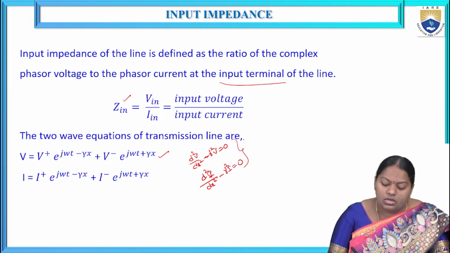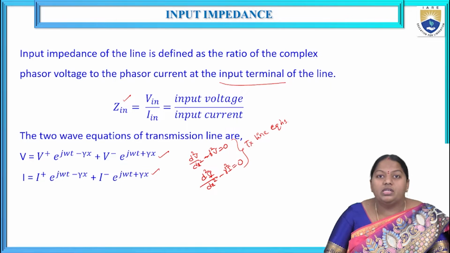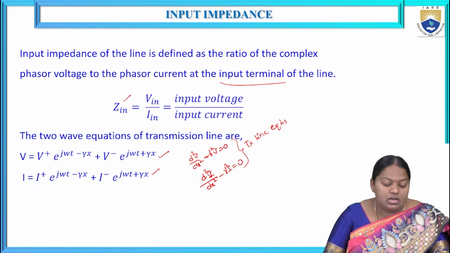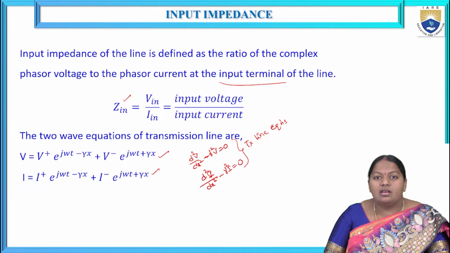These two are called the transmission line equations. Based upon these two, we have the solutions V equal to V plus e power j omega t minus gamma x plus V minus e power j omega t plus gamma x. Similarly, the current equation I is obtained as I plus e power j omega t minus gamma x plus I minus e power j omega t plus gamma x, where gamma is the propagation constant of the transmission line and x is the propagation direction.